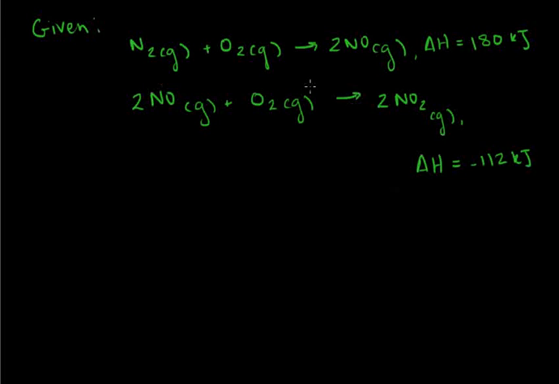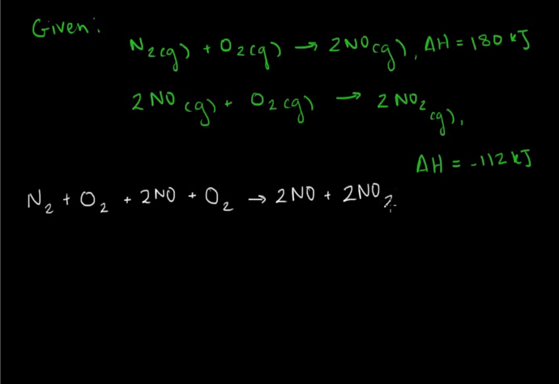So when we add reactions together, we're just going to take the reactants from both reactions, put them on the left-hand side, and take the products of both reactions and put them on the right-hand side. So in terms of reactants for this new reaction, we've got nitrogen gas plus, I'm going to drop the state symbols because everything is gas and they're kind of irrelevant. So N2 plus oxygen gas plus 2 nitrogen monoxide plus another O2 from here is going to yield 2 nitrogen monoxide plus 2 nitrogen dioxide.